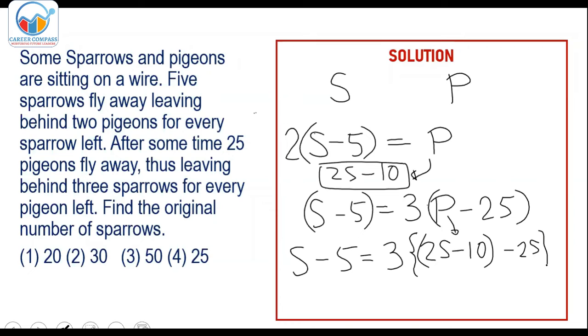So let us take all the S's on one side. So we will have 5s, right? And then we will have minus 35 into 3, that is minus 105, and then you bring it on the other side. So you will have 105 minus 5, that means 100. So that means the value of S will be 20. Here, guys, so your answer to this question will be 20.